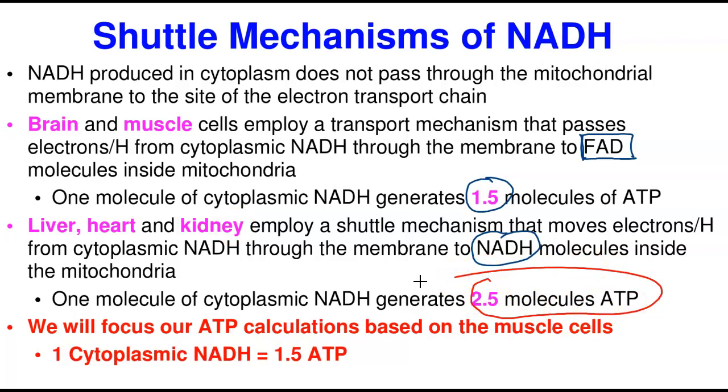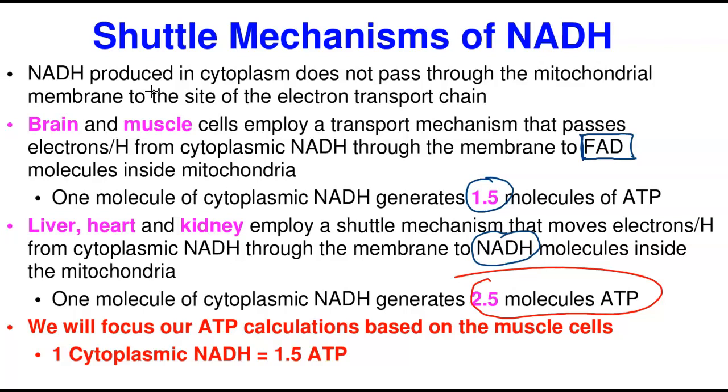However, for clarity and simplicity, because this is a GOB class, not purely a biochemistry class, we're going to restrict our calculation only to the muscle cells. Remember, the muscle cells can only generate 1.5 moles of ATP from those NADHs produced in the cytoplasm of the muscle cell. Take note of that.